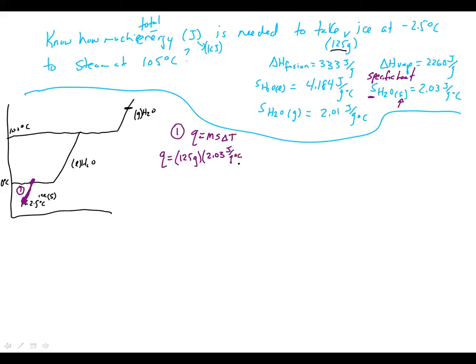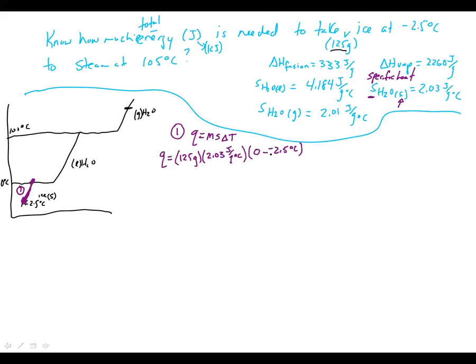I know it's technology, it's supposed to make things so much easier. Sometimes it doesn't. Our final temperature is 0 minus our initial temperature, which is minus 2.5 degrees Celsius. That's going to be important because it will switch our negatives into a positive.